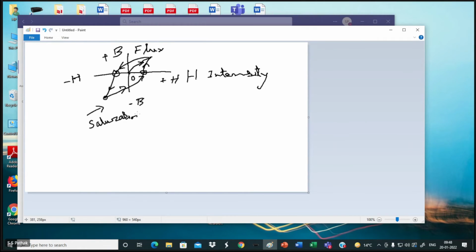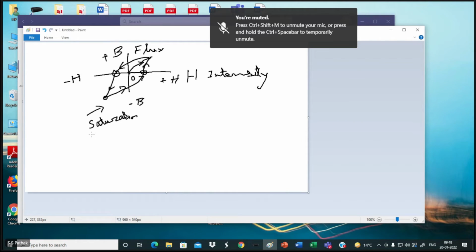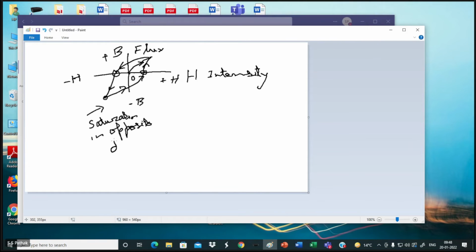Saturation in the negative direction, in the opposite direction. Here again, your saturation point in the positive direction.